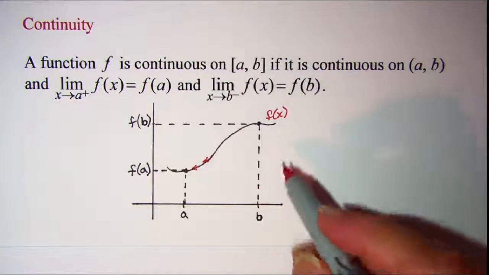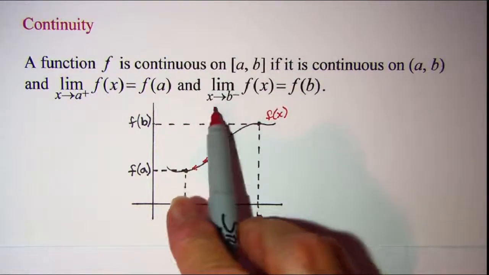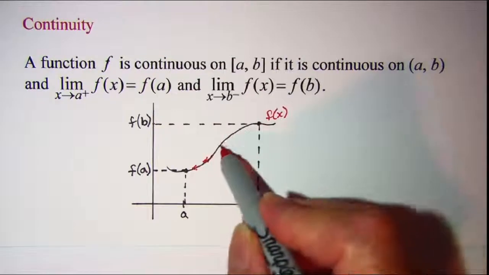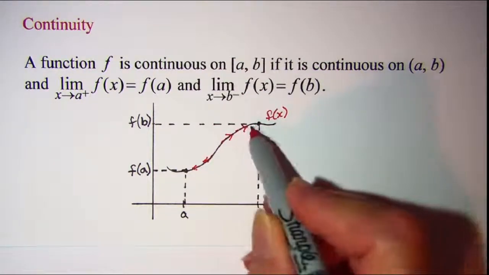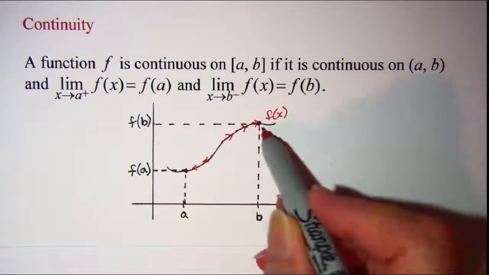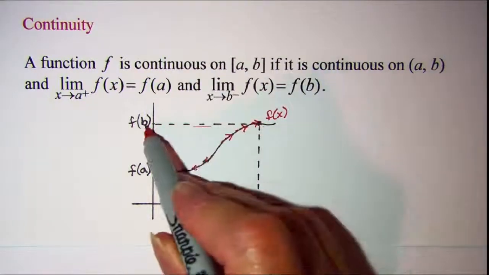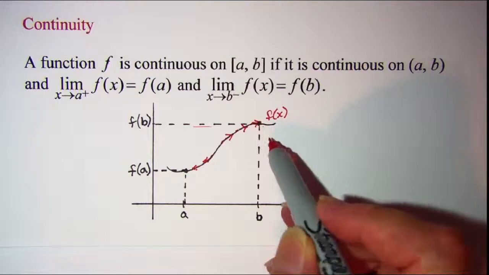And the limit as x approaches b from the negative direction, so coming in this way, is f of b. So that y value is f of b.